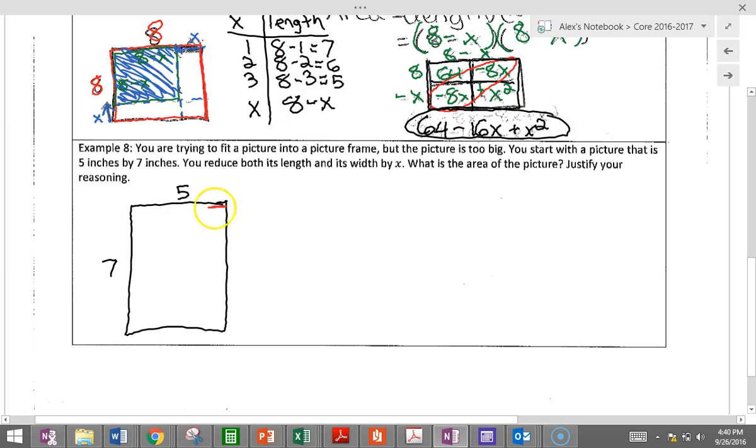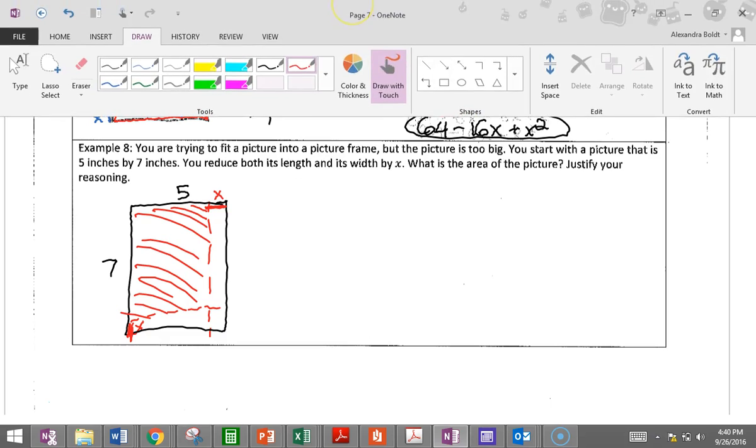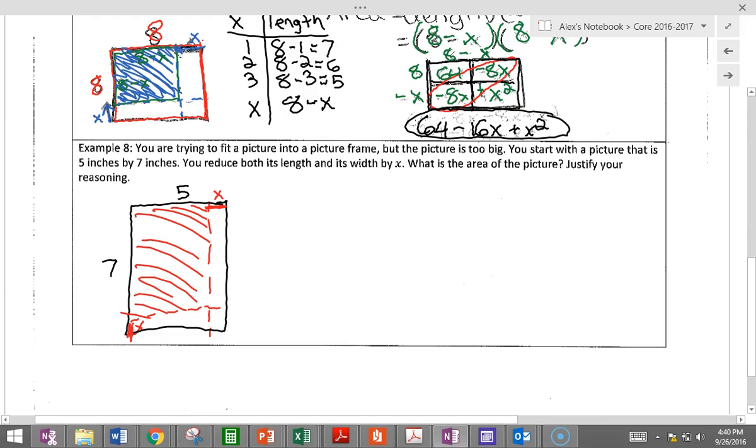So I'm taking off x on both its length and its width. So I just cut this part out, and I'm only left with here. Just like our last problem. Now that I've cut off x, I'm looking at just this rectangle, and that's 5 minus x and 7 minus x.